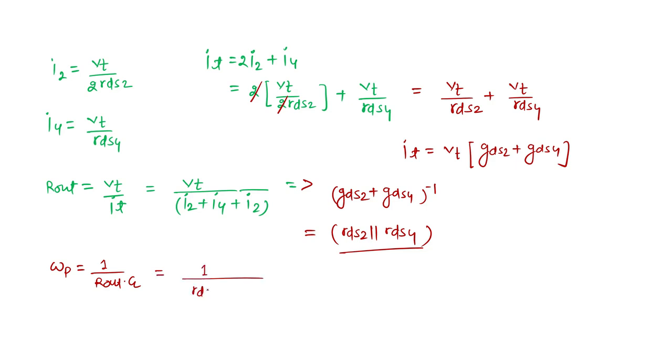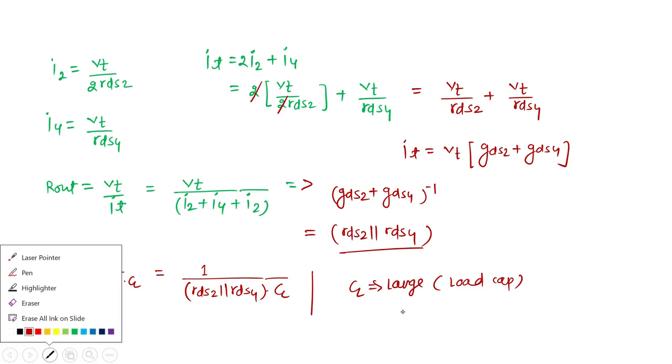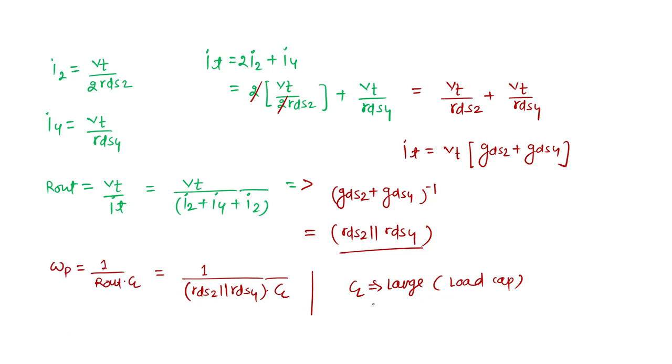R out is nothing but RDS2 parallel RDS4. And CL is also large because it is a load cap. When we drive any second stage with this particular structure, usually we see that this is a large stage. So this CL is large, and also RDS2 parallel RDS4 is also a large quantity.